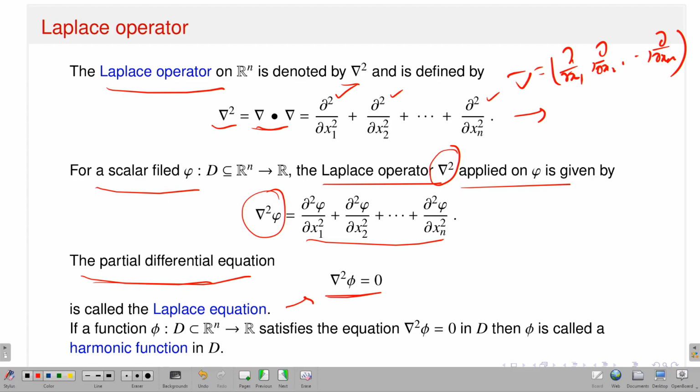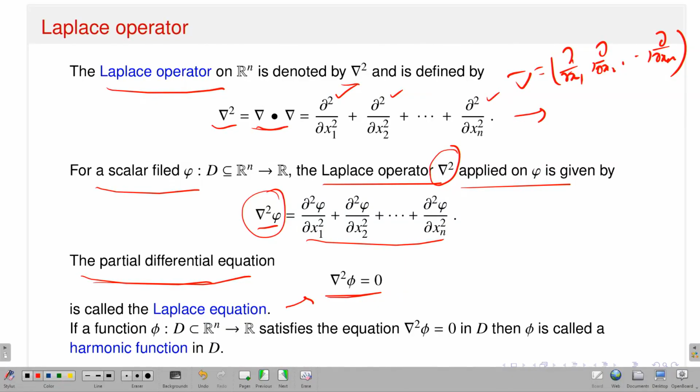So, the Laplace operator means you have the del operator, and you just take the dot product of two del operators, the same del operator, del dot del, which gives you the operator del 2 del x1 square up to del 2 del xn square, summed. If I act on any function phi, nice, therefore I get del 2 phi del x1 square up to del 2 phi del xn square, and if this is equal to 0, then it becomes a Laplace equation.